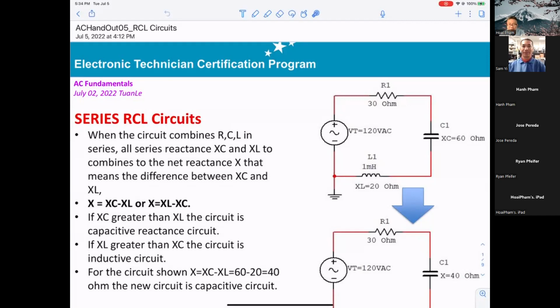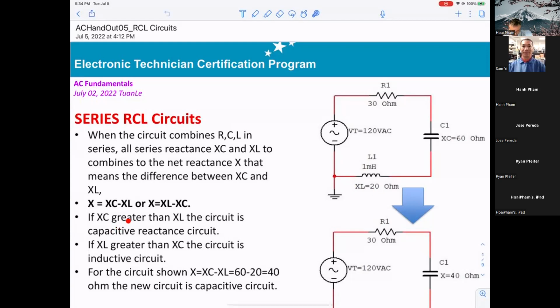For the series circuit, you're looking at XC and XL to see which one is bigger. For example, here XC is 60 ohms, XL is 20 ohms. So now you need to calculate the net reactance X, which will be equal to either XC minus XL or XL minus XC, depending on which one is bigger.